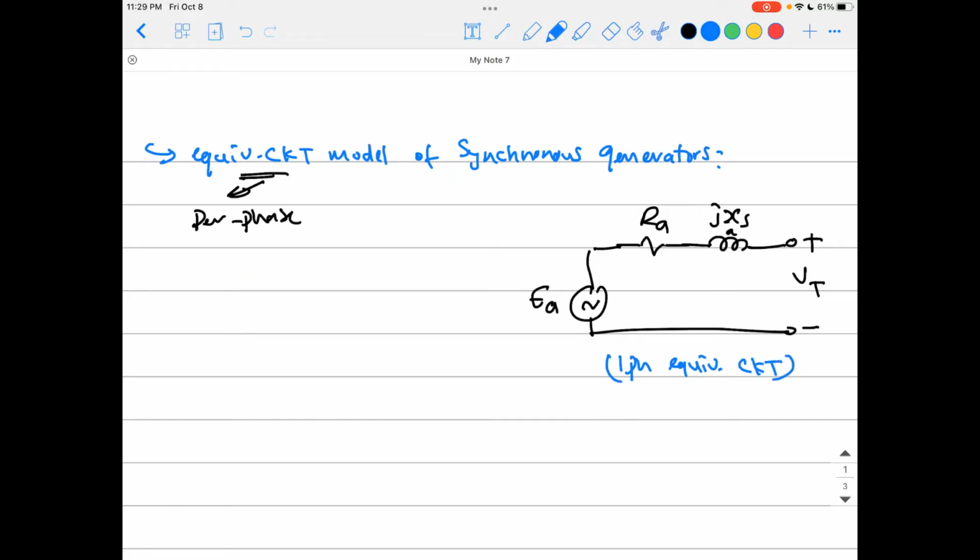Because I'm talking about a generator here, the current is going out of the machine like that. That's also a phase current. If you want the voltage equation for this, you will find that EA, and this bar means it's a phasor, equals the terminal voltage plus RA times IA, also in phasor form, plus jXs times IA.